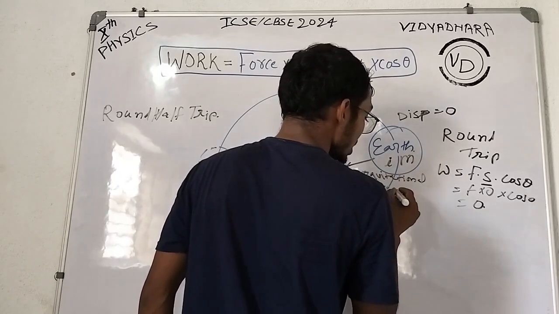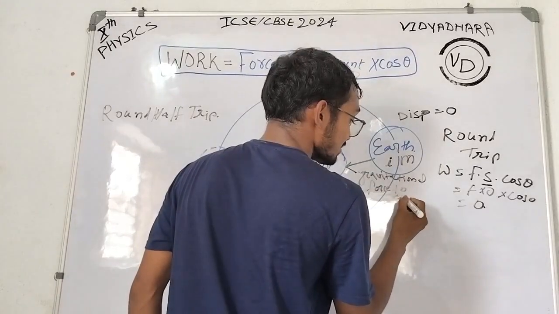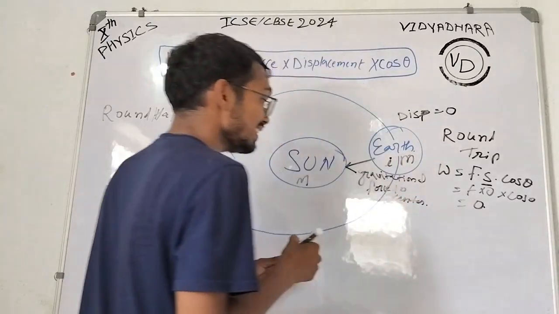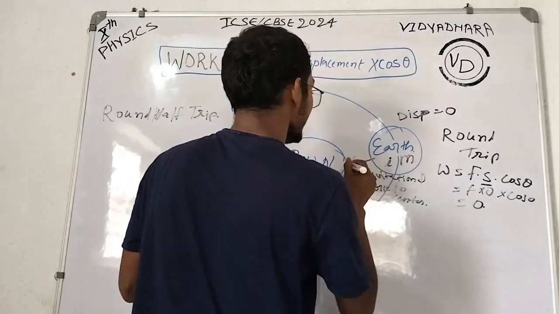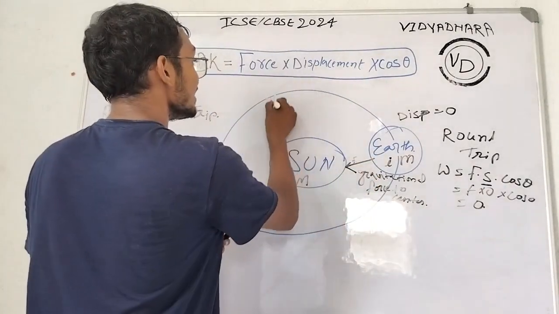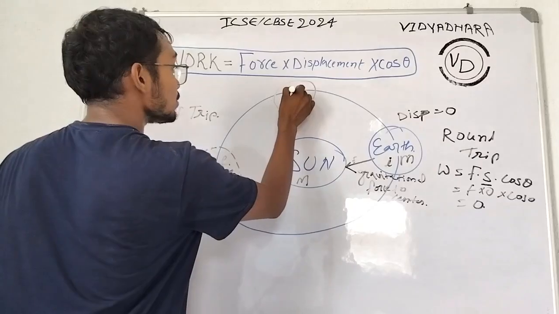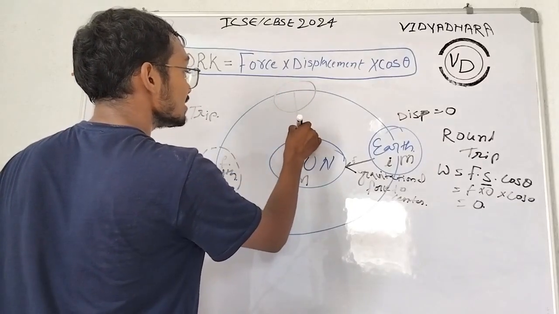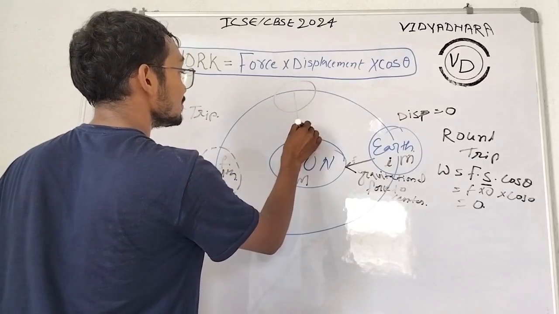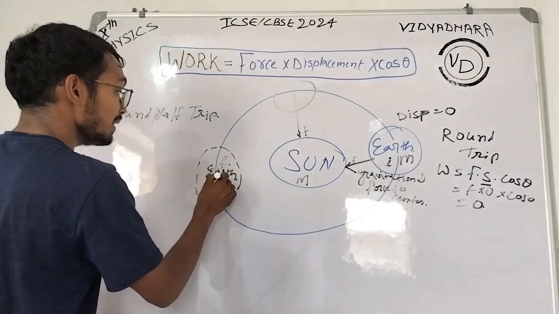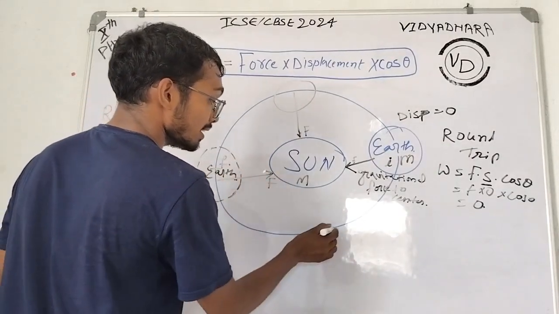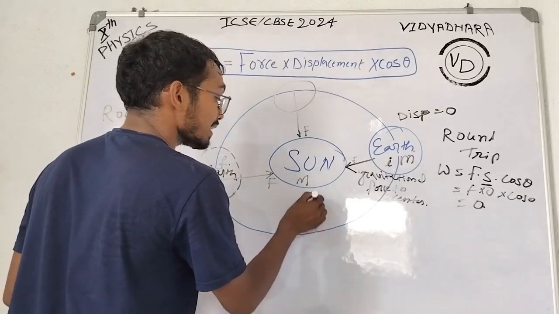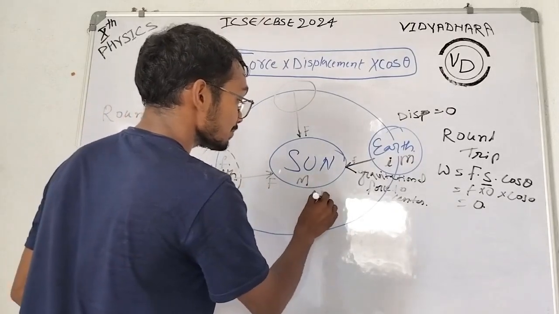Gravitational force acts toward the center. When the earth comes here, the force also acts toward the center. When the earth comes here, also toward the center.